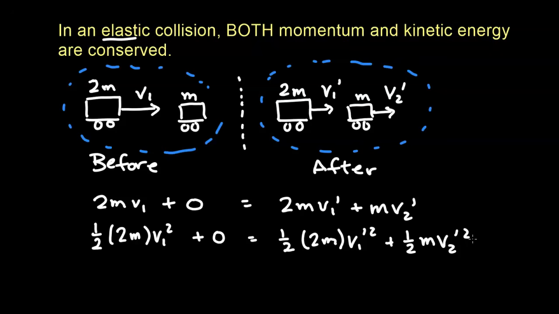And then after the collision, the first object has a kinetic energy of 1 over 2 mv1 prime squared, and object 2 will have a kinetic energy of 1 over 2 mv2 prime squared. And so both of these statements are going to be true, and it's going to be kind of a pain because you do need to do a little bit of algebra. I'll link in the corner here some shortcuts that you can use for elastic collision problems.